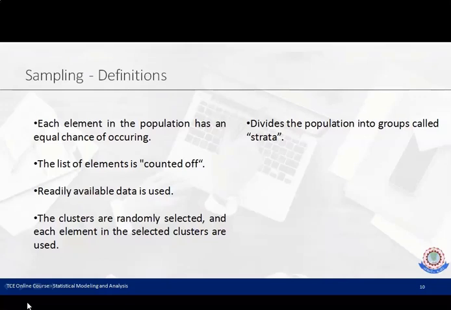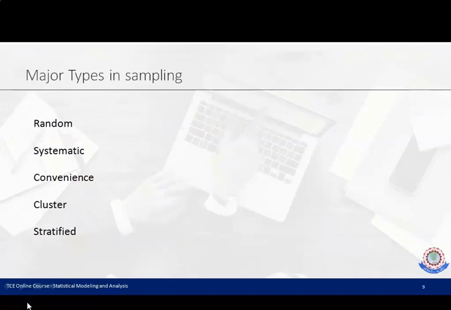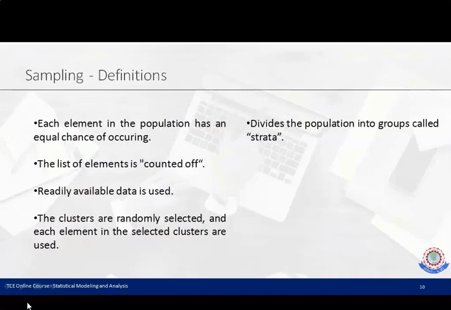And the second type, systematic sampling, which is the process of counting off. Example, numbering of a set of tuples of records, and each set of tuples is analyzed based upon the counter values. And the third type is convenience sampling.